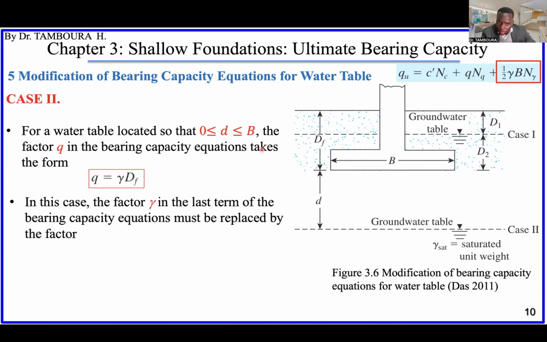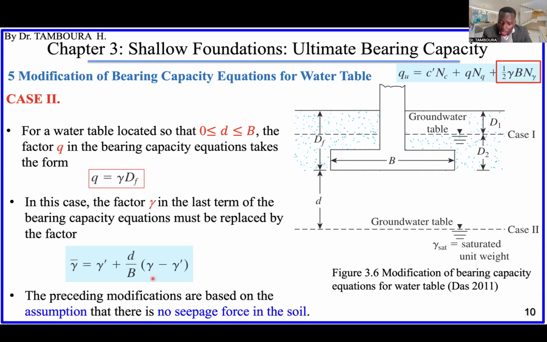So the only modification in this case is to replace this gamma by this gamma bar. I told you gamma prime is gamma sat minus gamma W. This gamma is the dry gamma, minus gamma prime. So this will be replaced by all of this. This is the only modification we have in this case.